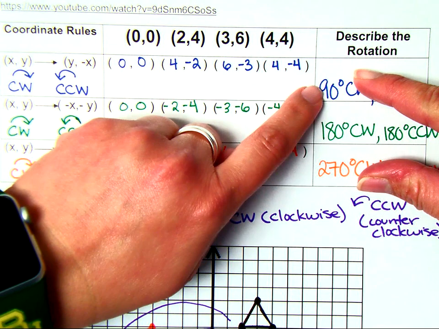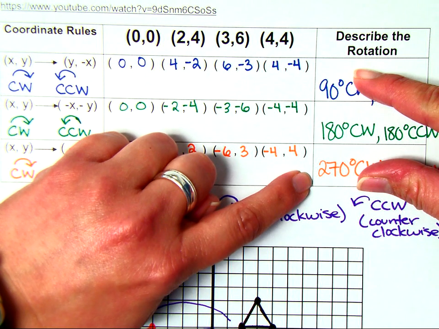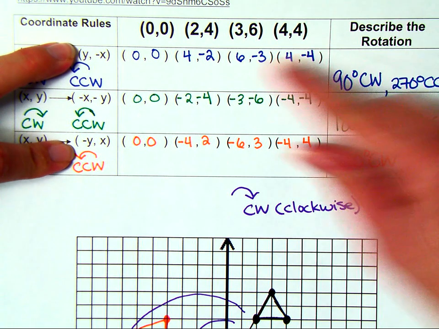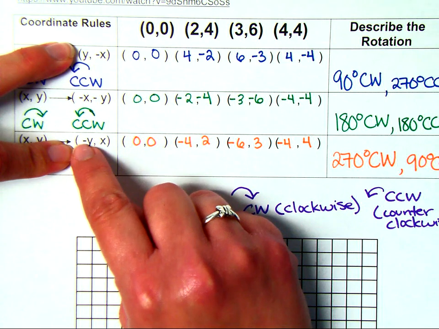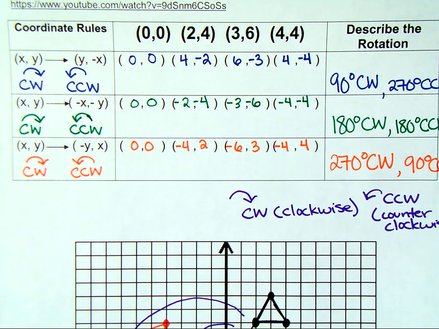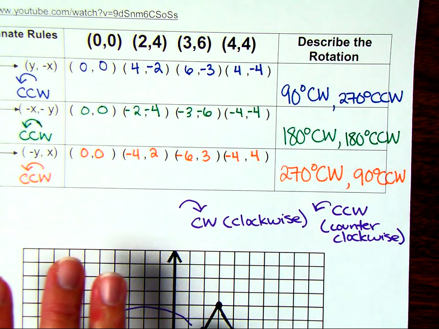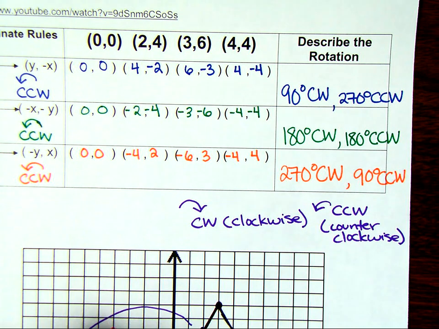So let me say it again. You count to 90 before you count to 270. Your Y and your X are both changing. You got to change your X before you change your Y. Okay, so do what you can to help yourself memorize those rules. Okay? All right. Again, if you need to rewind the video to rewatch it, go ahead and do that.